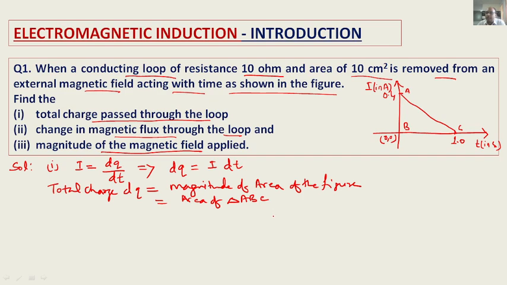We know that area of a triangle is equal to half base into height. So this one will become base, and this is height. Half base into height, because it is a right angle triangle. Even if it is a right angle triangle or any triangle, the area of the triangle is half base into height.